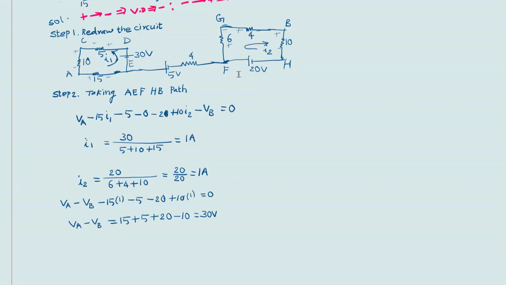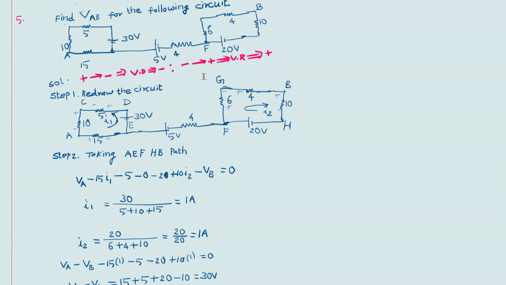Then between F and H, first in this direction, we are getting positive, next negative, so that becomes a voltage drop. So minus 20. Next there is a 10 ohm resistor. In this path the 10 ohm resistor has first the negative terminal, next positive.